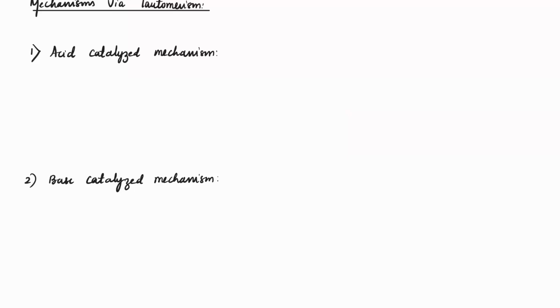Now, tautomerism always gets enhanced or catalyzed when you use acidic or basic medium. When it comes to acidic medium, what will happen? If you have a ketone with H plus, the lone pair will take H plus first. It will get protonated on oxygen.